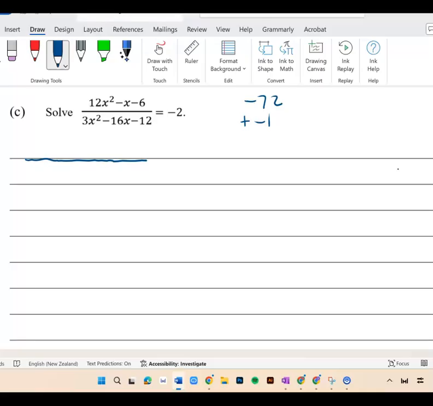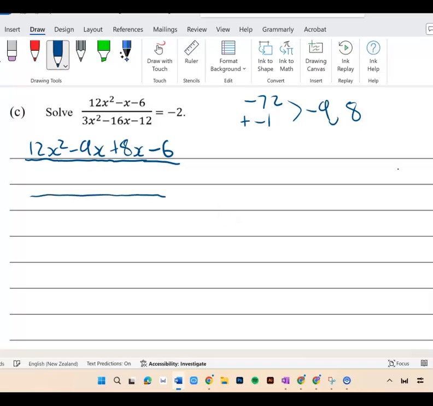And they add together to give negative 1. So from that, we can have negative 9 and 8. So we're going to rewrite this top row out as 12x squared minus 9x plus 8x minus 6. Okay, that's still the exact same as what it was before. It's just written out differently so we can factorize it.